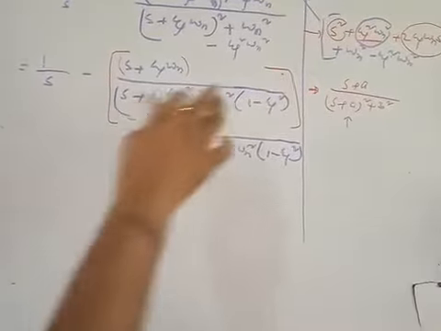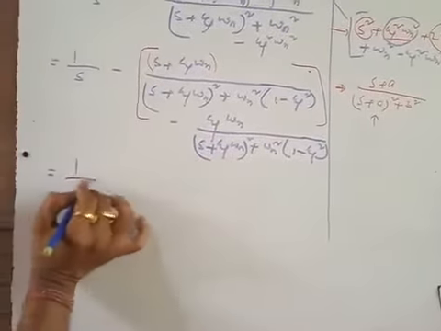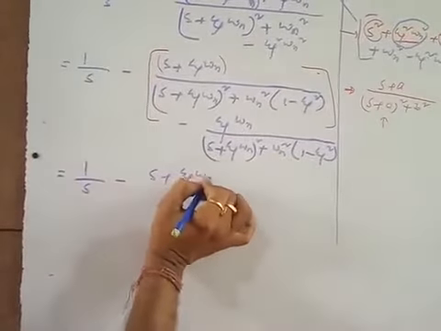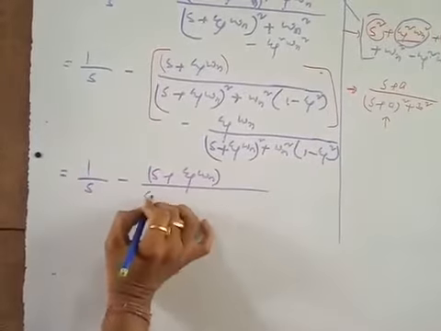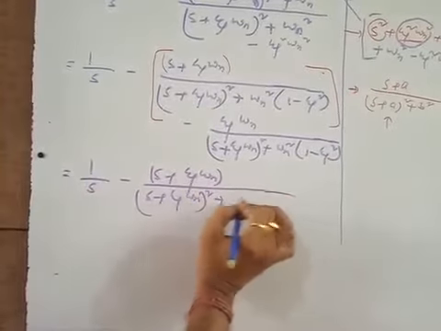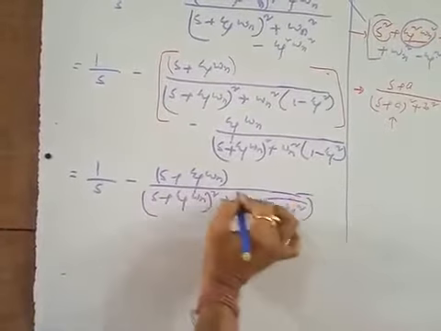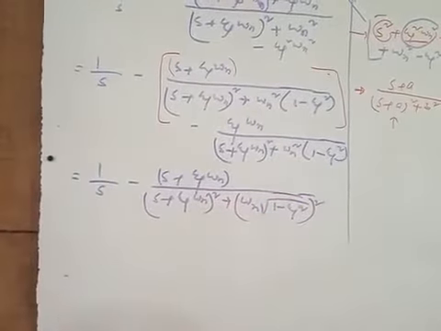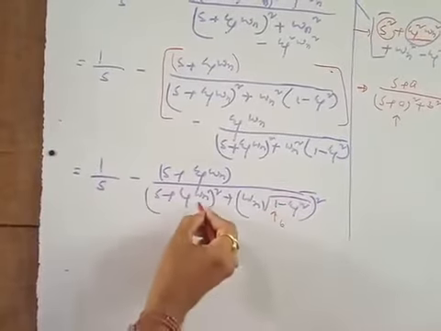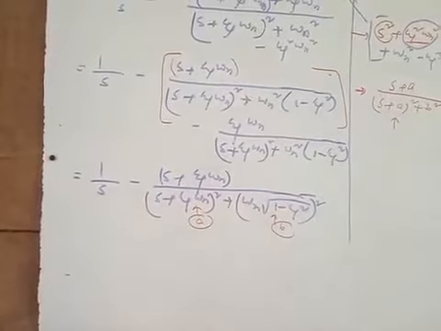So this part can be written in that form: s plus xi omega n by s plus xi omega n whole square plus omega n root over 1 minus xi square, whole square. So this term can be your b and this term can be your a according to this rule, right?